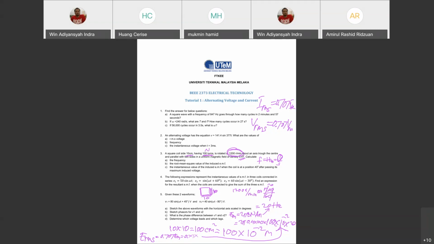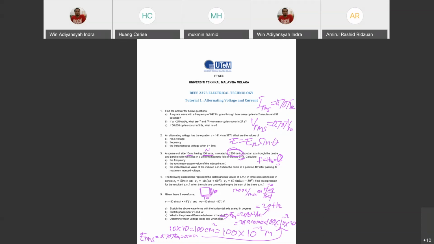Instantaneous, so if you check the formula, E equals EM sine, for example.